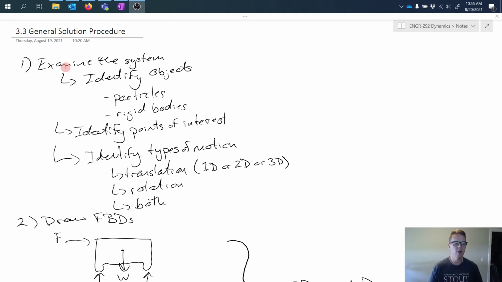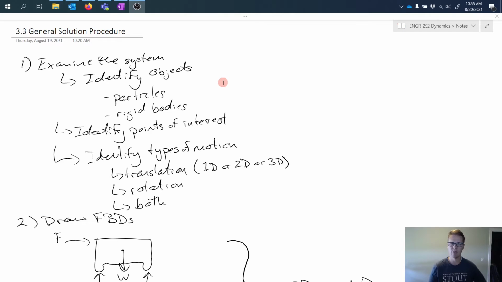To start with, we would examine the system, trying to figure out what is actually going on. So we want to identify the objects involved and classify them in our heads as being of a particle nature or of a rigid body nature. I've talked about this in previous videos, but the basic idea is that a particle really only has translation as a possibility and not rotation.